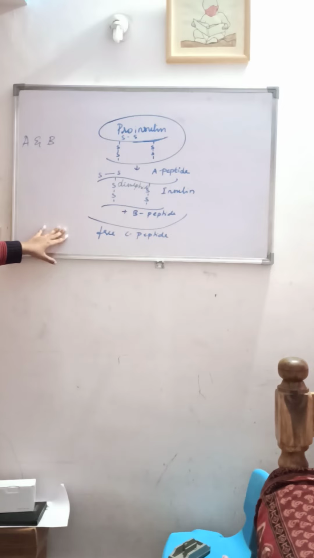Insulin. So human insulin consists of short A and B polypeptide chains linked together by two disulfide bridges, and the C-peptide is removed during the maturation of insulin.